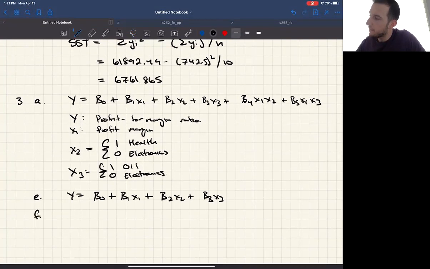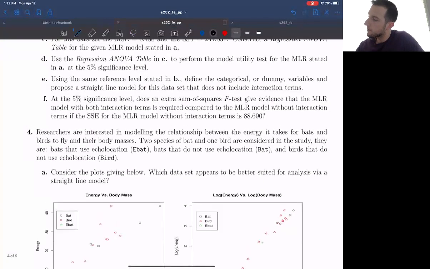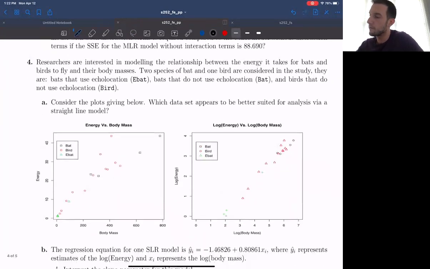So now in part F, we have at the 5% significance level, does an extra sum of squares F test give evidence that the MLR model with both interaction terms is required compared to the MLR model without interaction terms if the SSE for the MLR model without is 88.690?